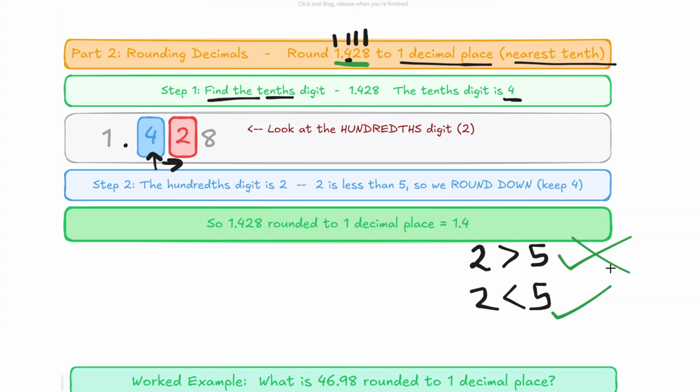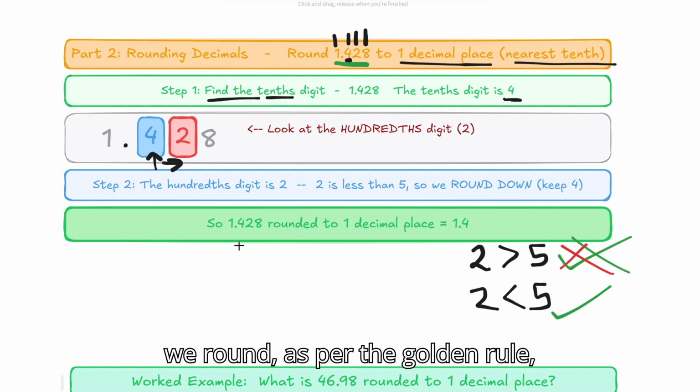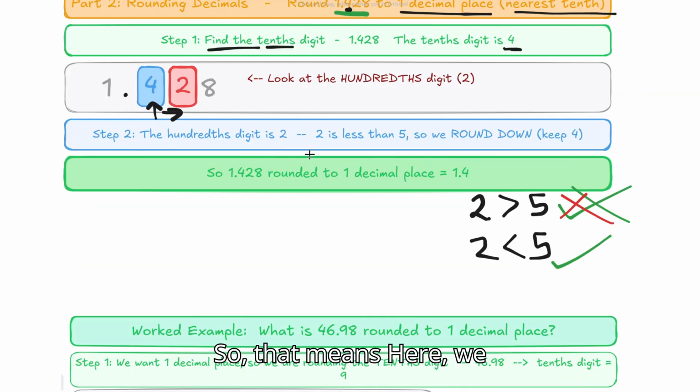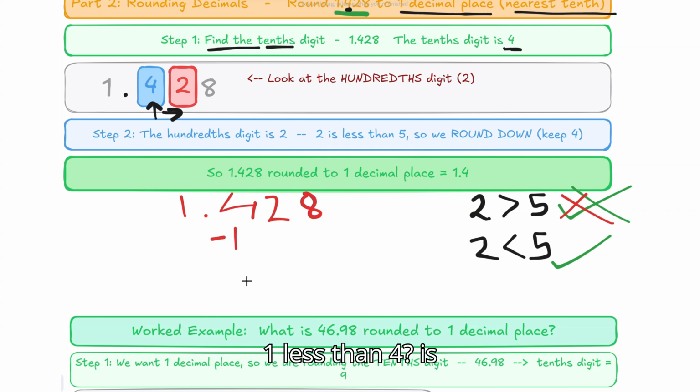So we round as per the golden rule. If the digit is less than 5, we round down. So 2 is less than 5, so we round down. Here we don't take away from the 4, unlike what I said earlier.